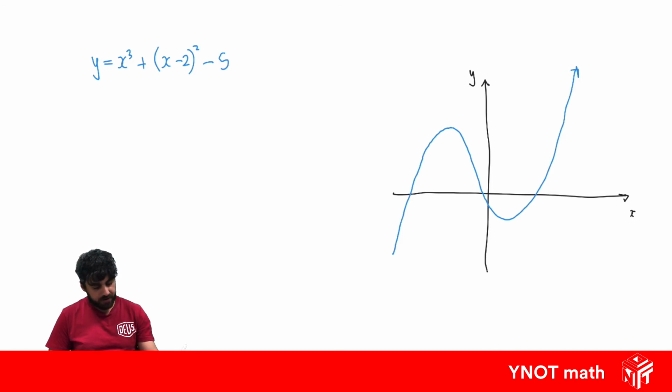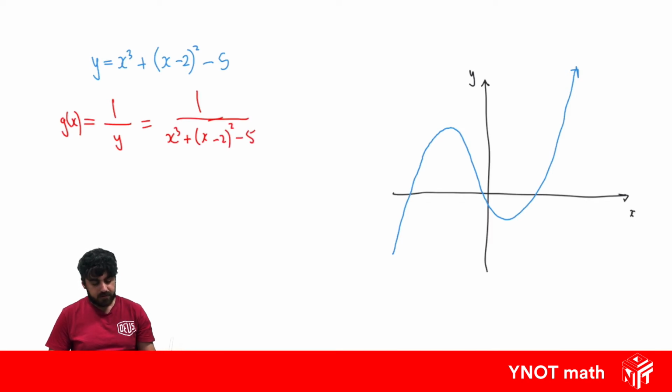And we want to graph 1 over y. So it's the reciprocal function. You can call this g of x, because that'll just end up being 1 over x cubed plus (x minus 2) squared minus 5.